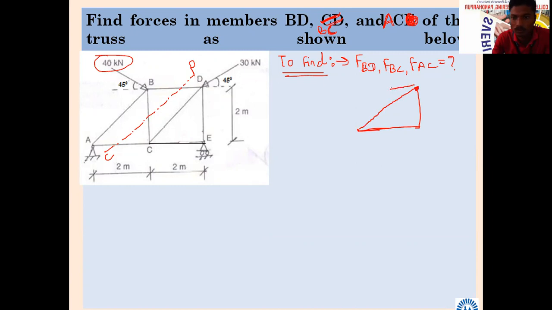Here horizontal force 40. How much? Cos, no? Cos 45. Vertical force will be 40 sin 45. Is it correct? Yes sir. Then these members are going to cut, no?